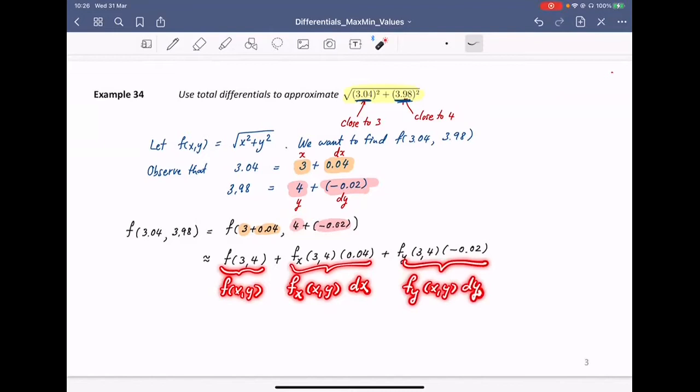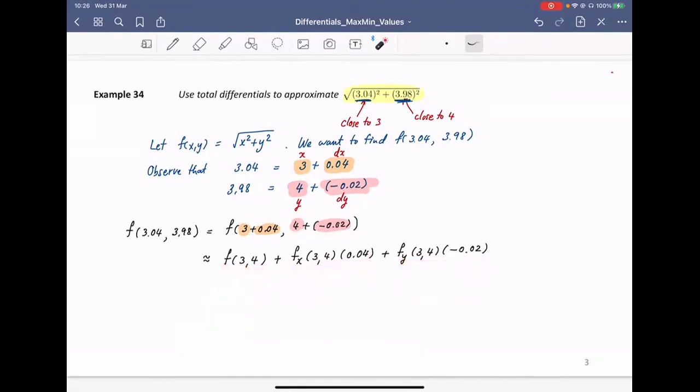You do not need to be fast. You just go slow, and once you get this, you can compute it. So f(3, 4) is going to be square root 3 squared plus 4 squared, which you already know the value, right? And then what you need is f subscript x at (3, 4).